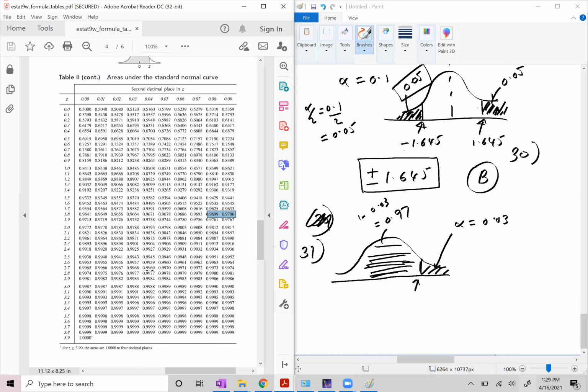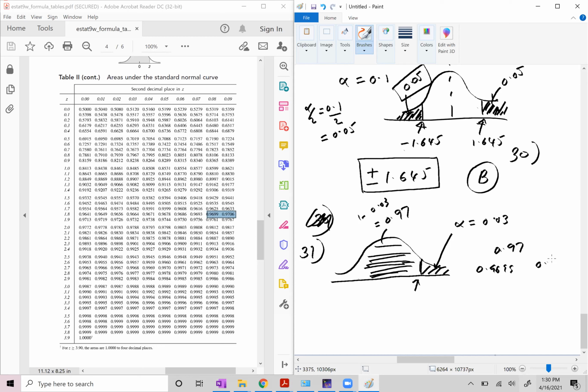I'm looking for 0.97. 0.9699 is created by 1.88 and the other by 1.89. Now, out of these two values, there is a clear-cut winner. 0.9699 is much closer to 0.97 than the other. So this is out of the way. The answer is going to be simply 1.88. So the z value there is 1.88. So the answer is B.